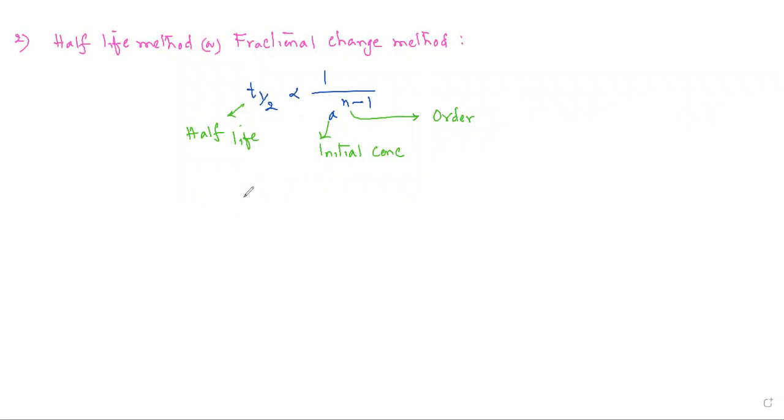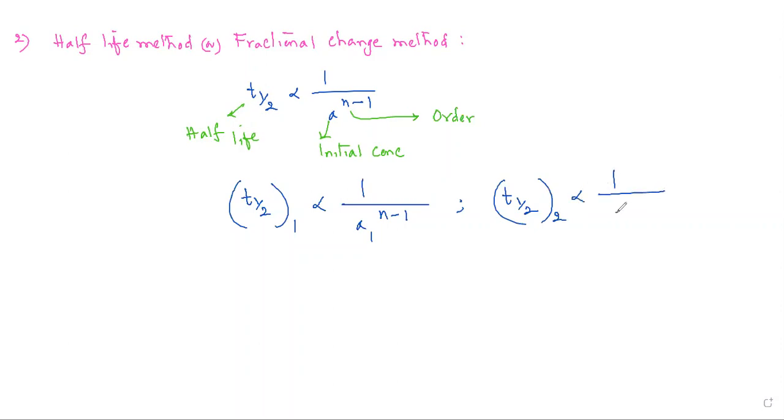Let us take two different half-lives at two different initial concentrations. T half 1 is proportional to 1 by A1 to the power n minus 1. Similarly, T half in the second case is proportional to 1 by A2 to the power n minus 1. Say this is equation number 1, this is equation number 2.